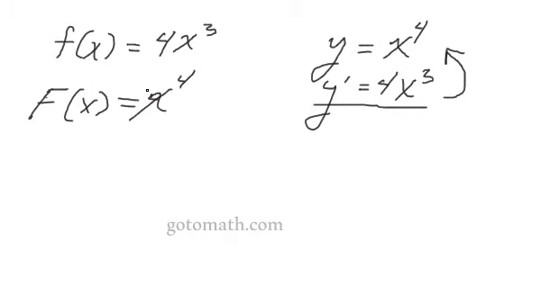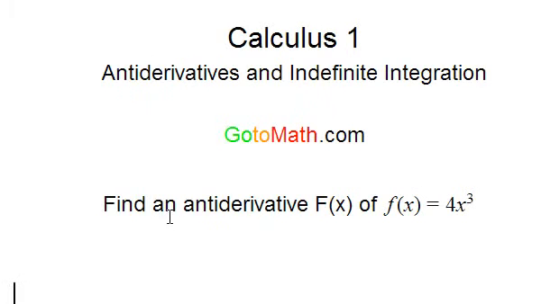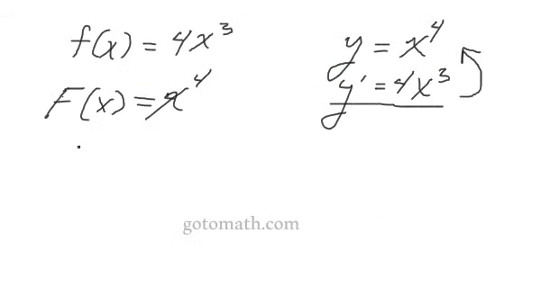Now, if you remember, I said, you see this word right here? This word means that there's more than one antiderivative of f of x. So for example, the antiderivative could possibly be, here's another one.